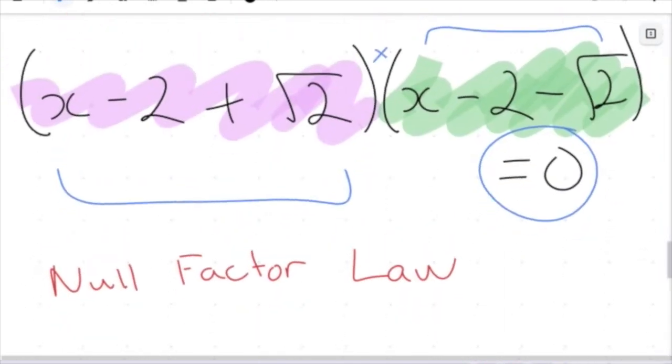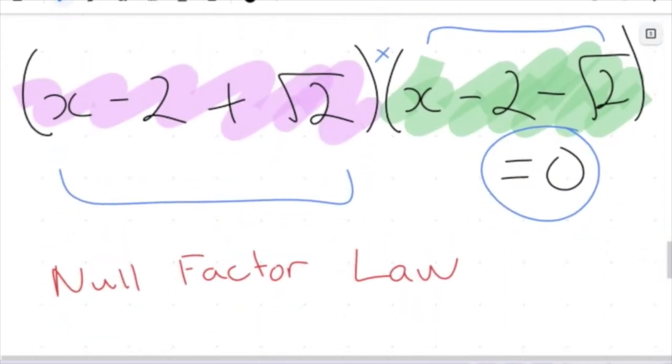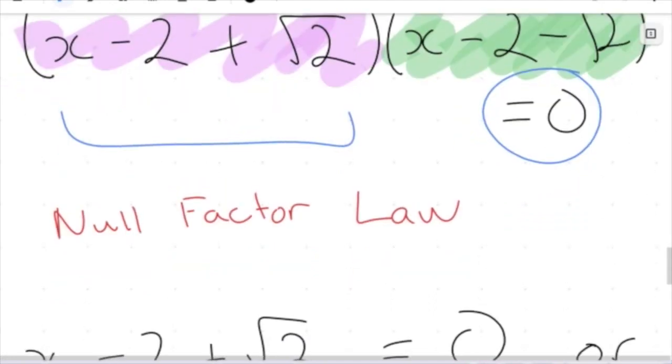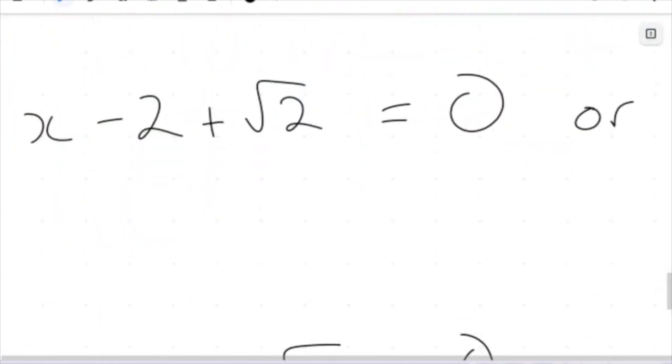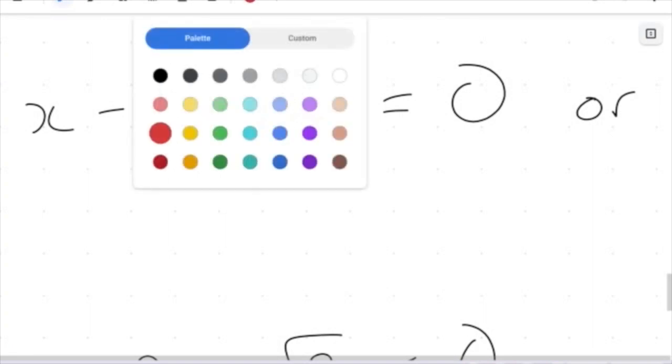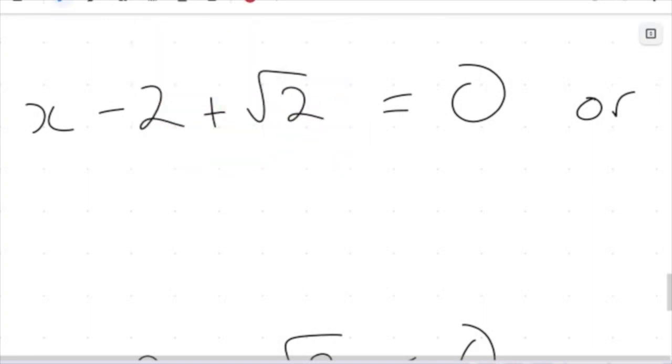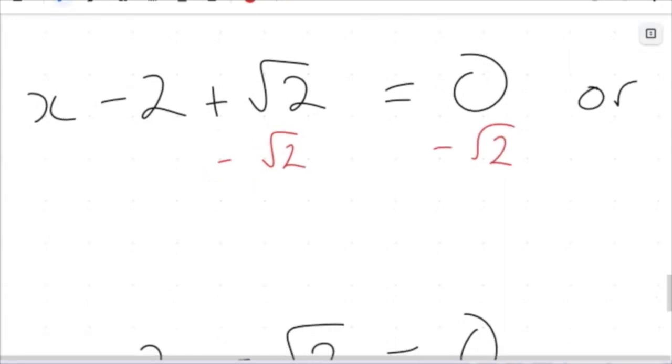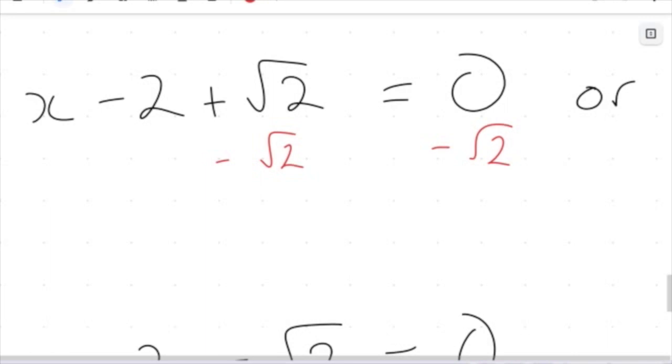So I have a case where my expression highlighted in pink equals 0 and my expression highlighted in green equals 0. And we want to find the value of x that makes each of those equal to 0. Okay, so here I'm just going to solve my equation. Now I have negative root 2. I have positive root 2, so I can subtract that from both sides.